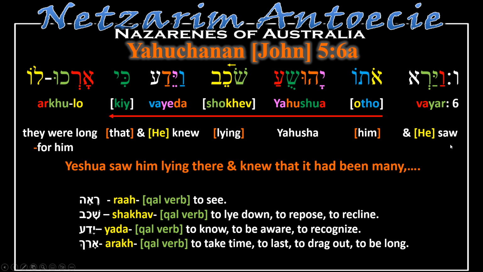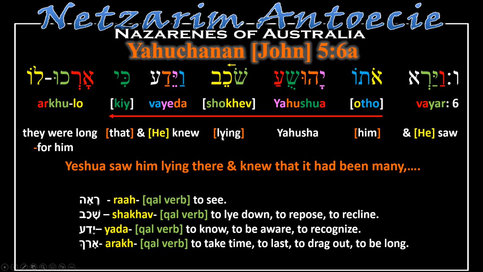Now, why is it "saw" and not "shall see"? Because we've got a Vav in front of the Yar, and that gives us a completed perfect form. And he saw. Oto, him. Yahushua, or Yahusha.